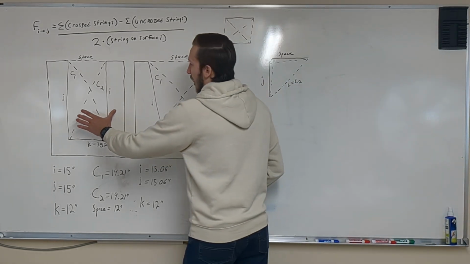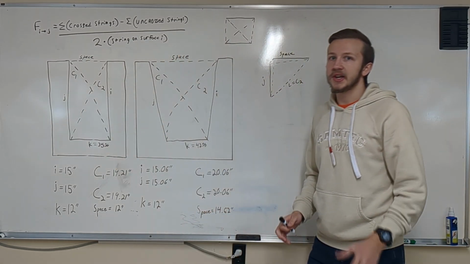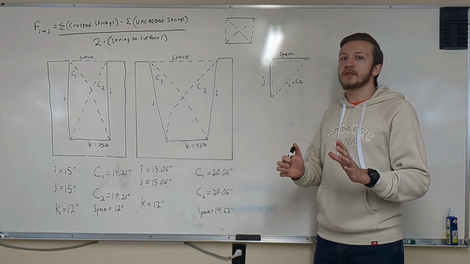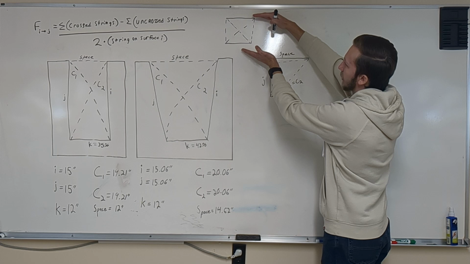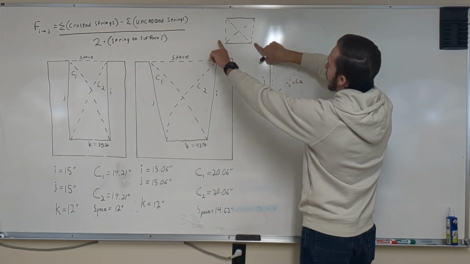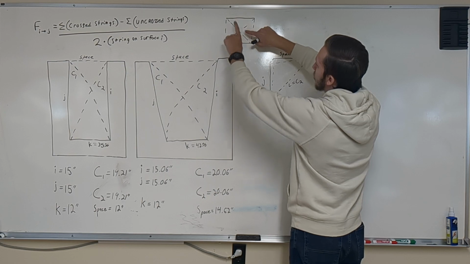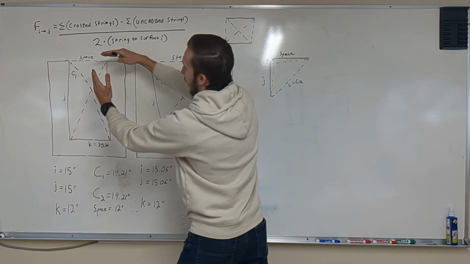So now let's calculate the view factor from one of the walls to space. In order to do this, we have to change our equation just a little bit. So if you consider the example we had originally of 2 plates parallel to one another with these 2 uncrossed strings and these 2 cross strings, well, that doesn't exactly work for the wall in space.